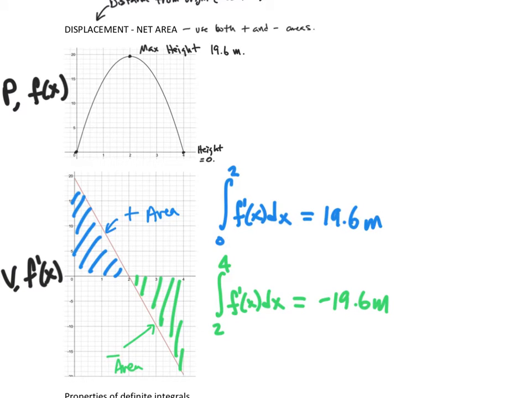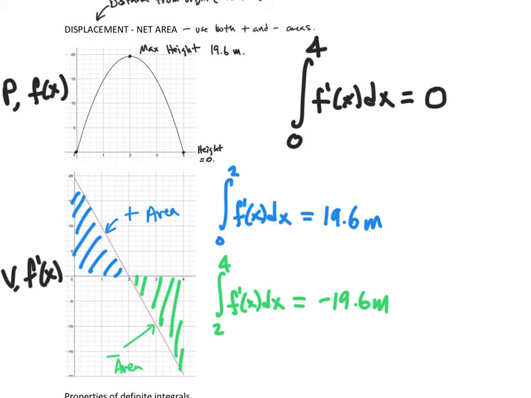So the question is, what's the area from 0 to 4 of f prime of x dx? Okay, what's that area? If this area up here is positive and this area down here is negative, and they're the same area, then this gives me an area of 0 under that curve.